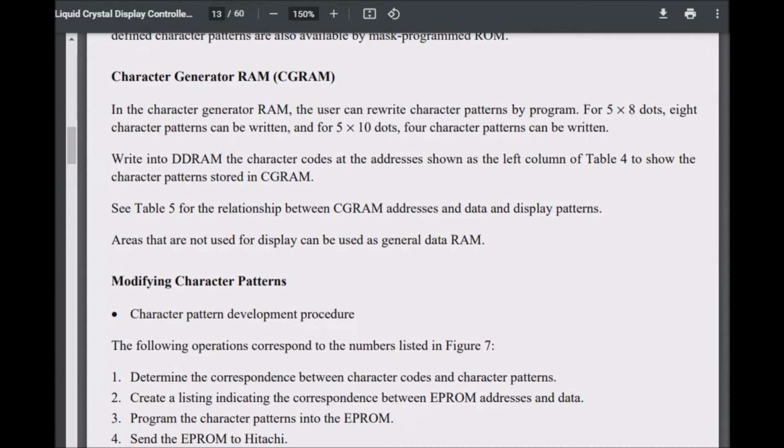Write into DDRAM the character code at the addresses shown in the left column of Table 4 to show the character patterns stored in CG-RAM. See Table 5 for the relationship between CG-RAM addresses and data and display patterns. Areas that are not used for display can be used as general data RAM.